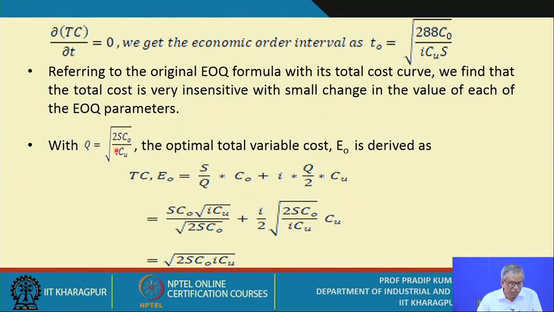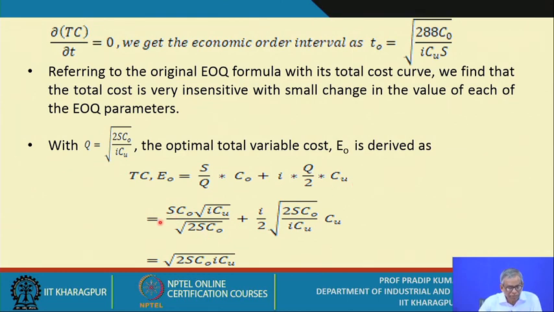With Q equals root over 2 S CO by ICU, this is the original EOQ formula, the optimal total variable cost is derived as: the total variable cost E is equal to S by Q into CO plus I into Q by 2 into CU.